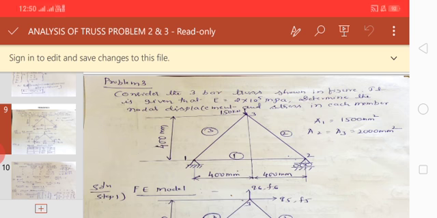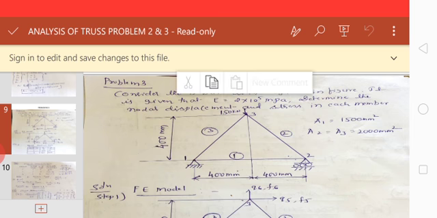In that situation, I should take x as some value and for y I should take 0. Suppose the roller is in the vertical direction, then the y value will be some value, whereas x will be 0. That is the difference between a fixed condition and a roller condition. Now from the figure, node 2 has some value in the x direction and 0 in the y direction.